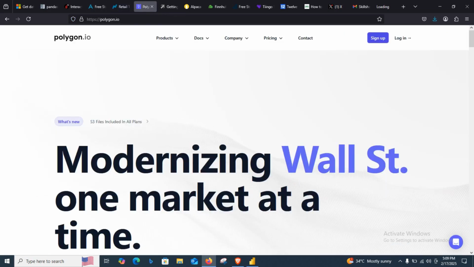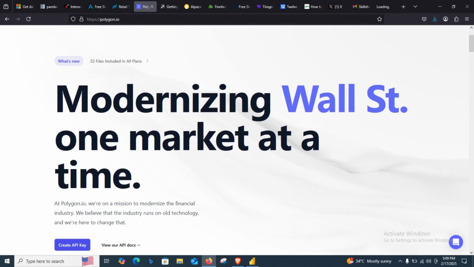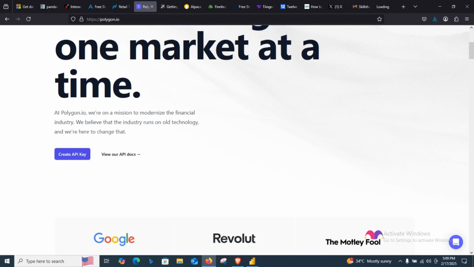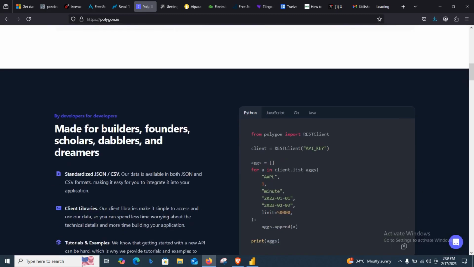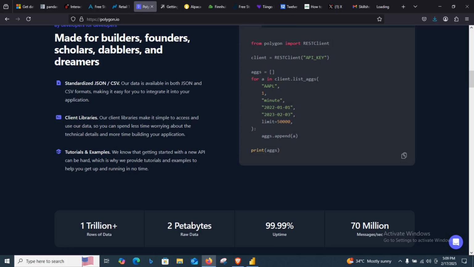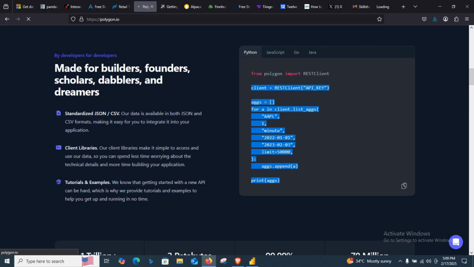Another one that you can get free data from is Polygon.io. It's modernizing Wall Street, one market at a time. You can easily create and get an API, and then view the documentation and see how to use it. I think they already have a snippet of how you can work with their REST API.